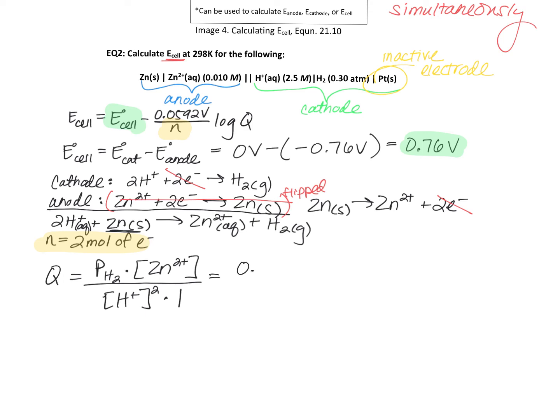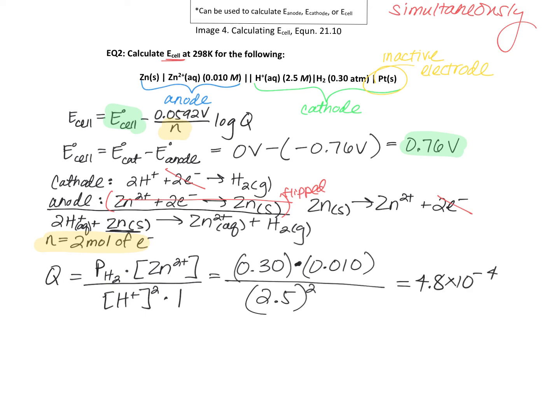So I get 0.30 times the concentration for Zn2+, which is 0.010, let's put little parentheses around that, divided by the concentration of H+, which is 2.5, and that's squared. All right, you can pause here to evaluate Q and then check your answer.